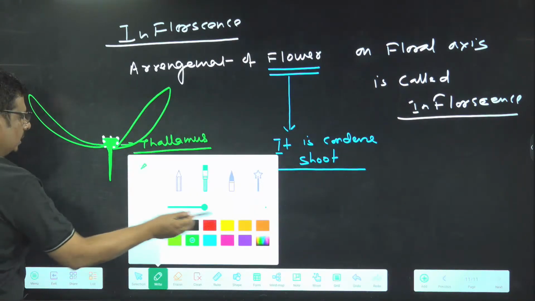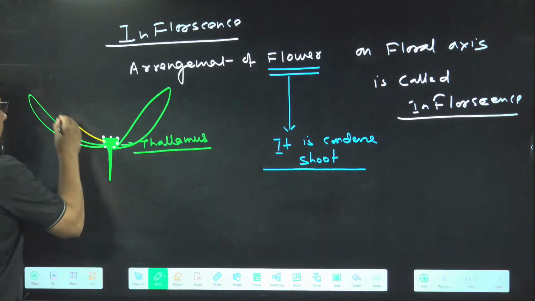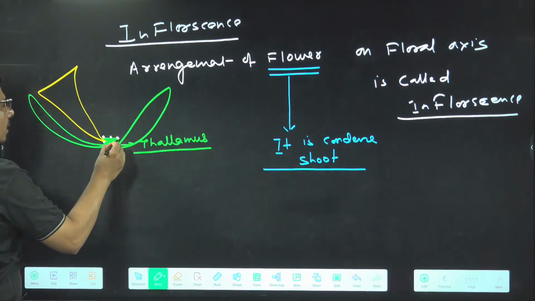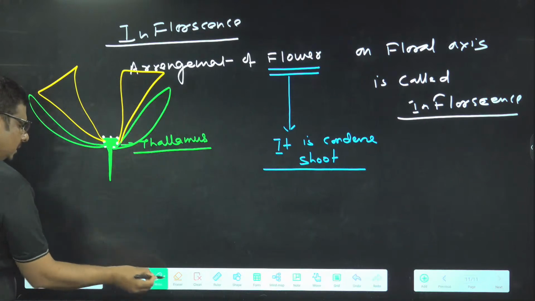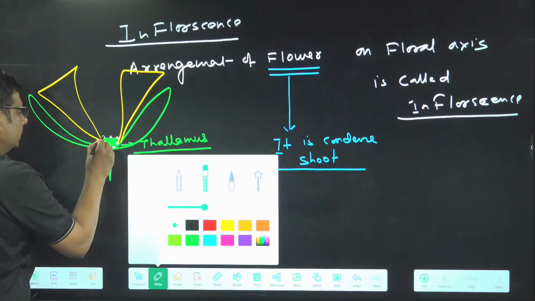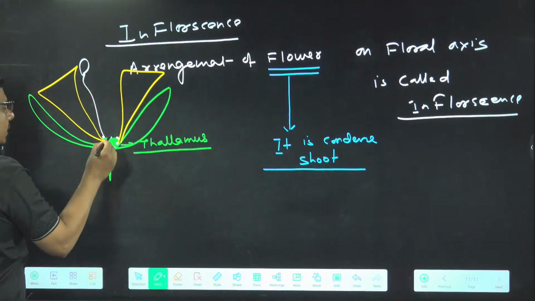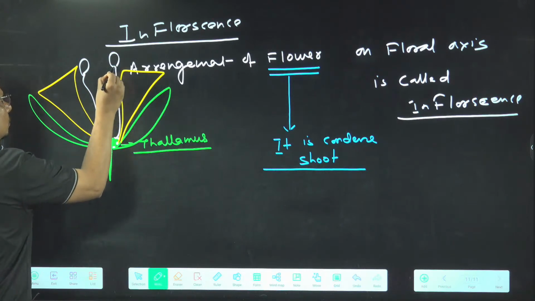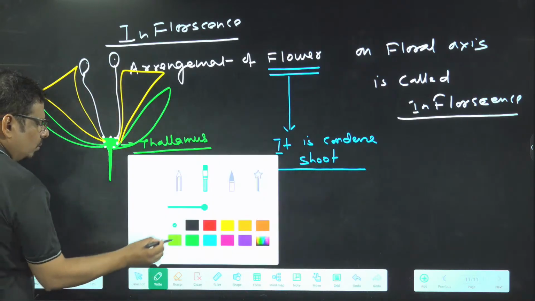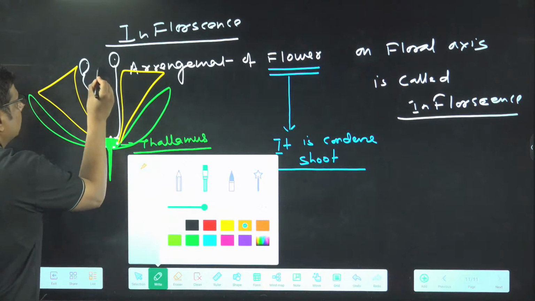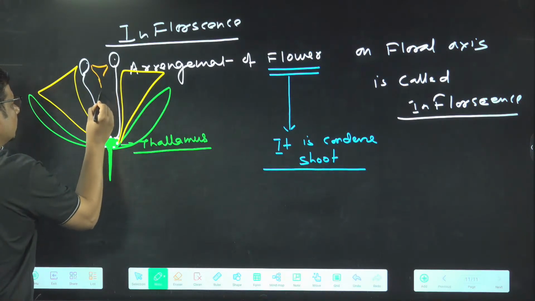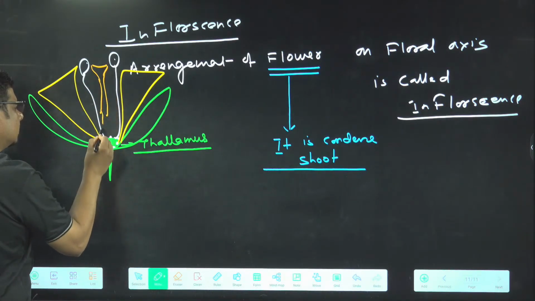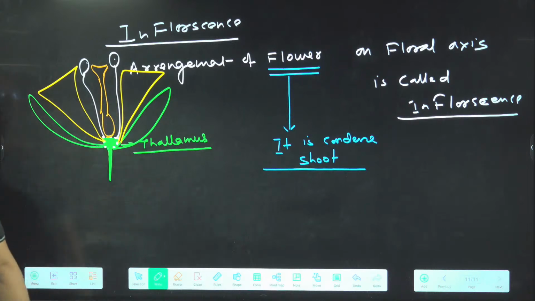Then another floral leaf is coming. That is corolla. Then from another node, who is arising? Stamen. They are forming which one? Androecium. Then from another node, who is arising? Carpel or pistil. It is which one? Gynoecium.